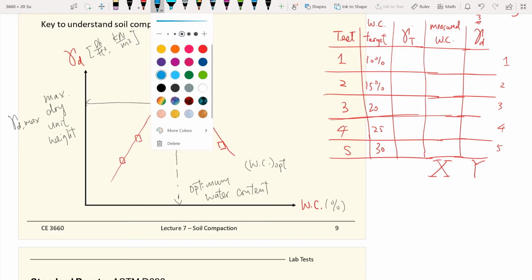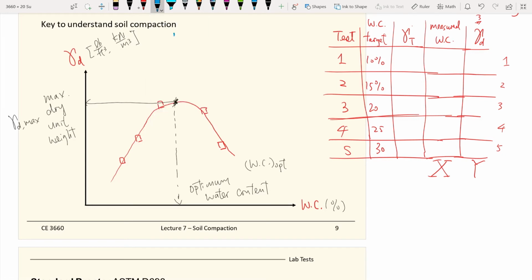Furthermore, the maximum point also divides the compaction curve into two parts. The right-hand side of the maximum point, we call wet of optimum. The left-hand side of the curve, we call dry of optimum.